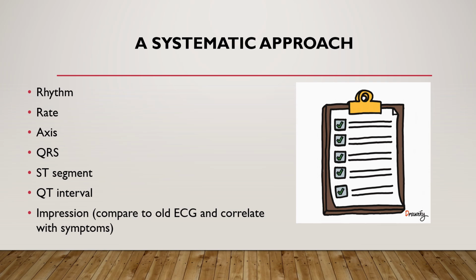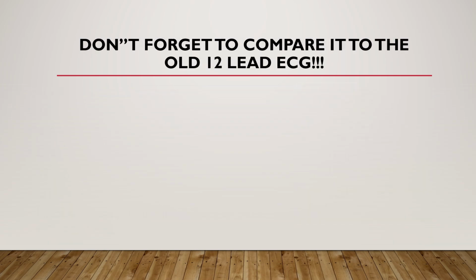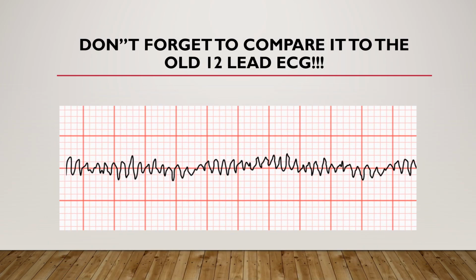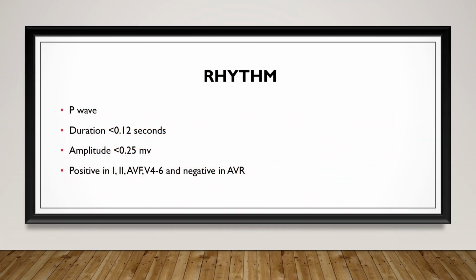One way, which is presented here, includes cardiac rhythm, heart rate, axis, QRS interval, ST segment, QT interval, and an overall impression. It is very important to compare the new 12-lead EKG to the previous one to assess for any dynamic changes. We'll go through our systematic approach to the 12-lead EKG.